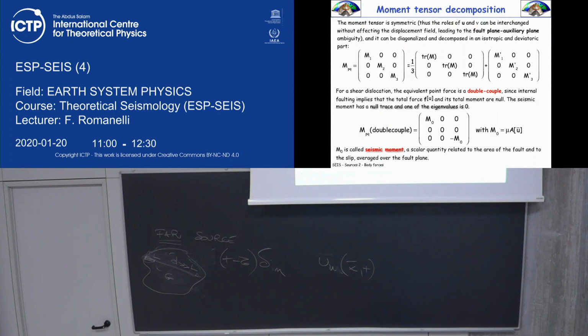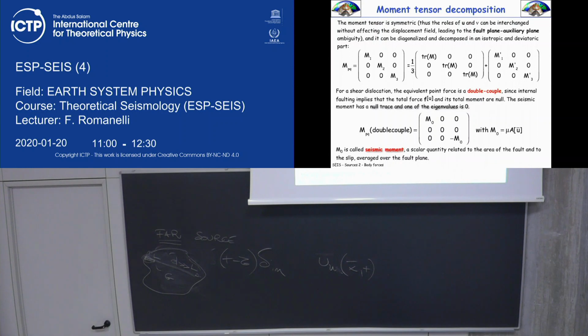It's symmetric, right? So we will never know which one is u and which one is ni just using the radiation. You can change that. It's symmetric, right?